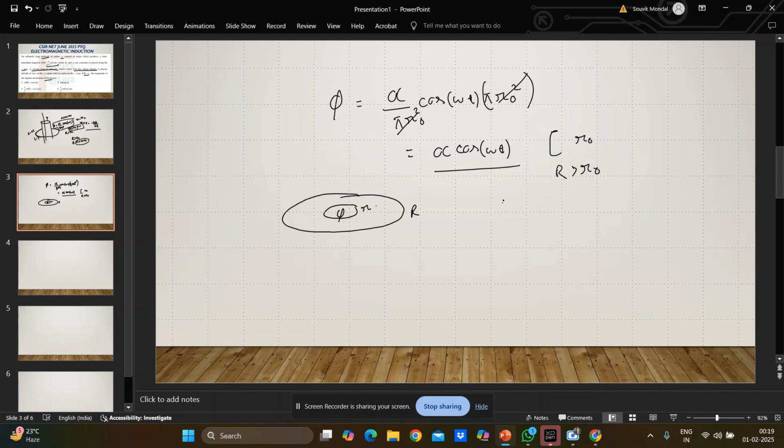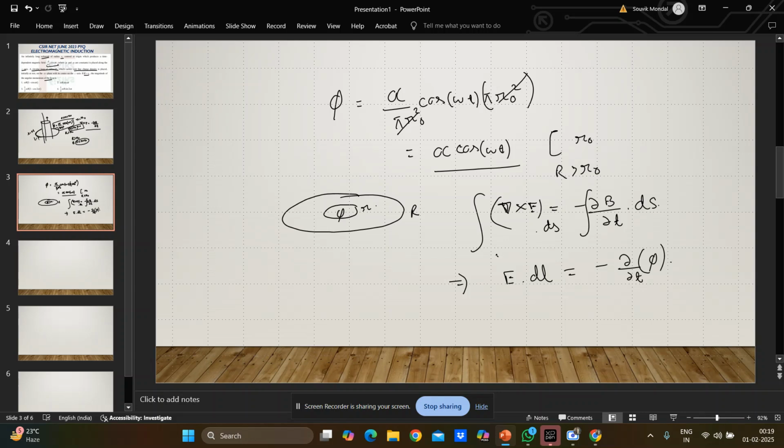Now del cross E is minus del B del T. You can just integrate del B del T dS and del cross E dot dS on both sides, and by Stokes theorem it will change. So it is the closed integral of E dot dl equal to minus del T of the flux. This is another form of the third Maxwell's law.